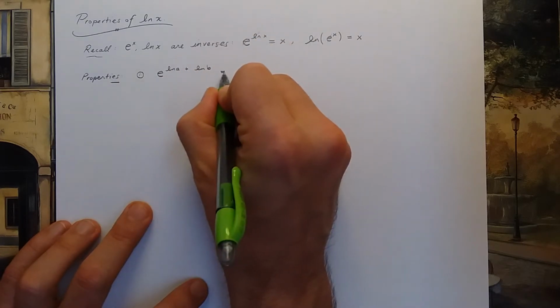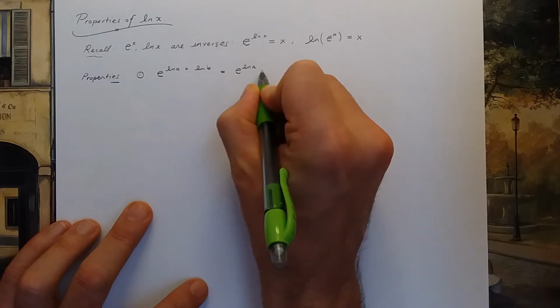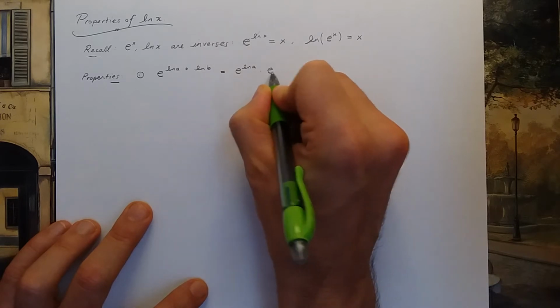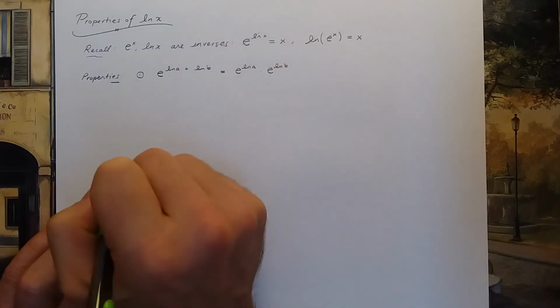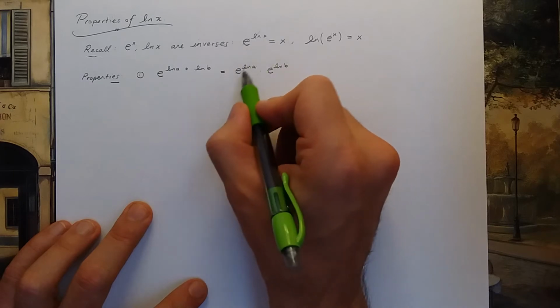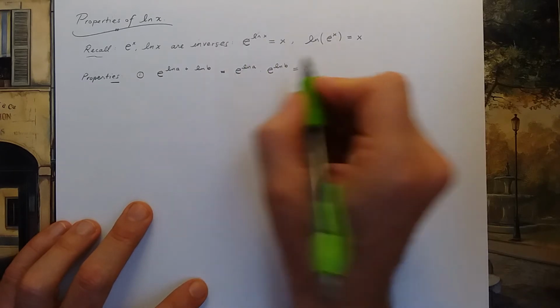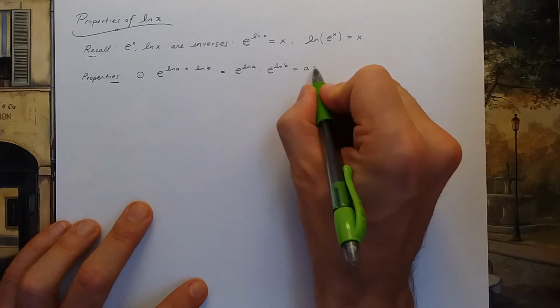You could write this, in other words, as e to the log a times e to the log b. Of course, e and log are inverses, so if you see e to the log a, that's just a, and if you see e to the log b, you just get b.